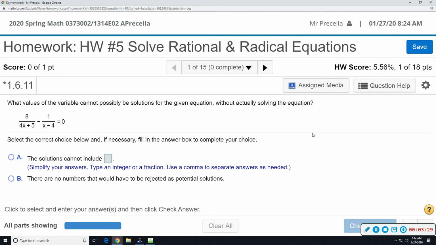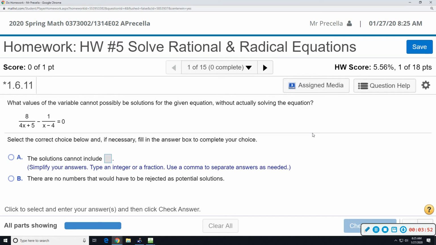What values of the variable cannot possibly be solutions? Well, we're going to be solving these equations like this in a moment, but right now we're not actually solving it. All we're trying to do is figure out the two numbers that aren't solutions. In other words, when is it undefined? It would have been nicer if it had just asked, when are these fractions undefined?